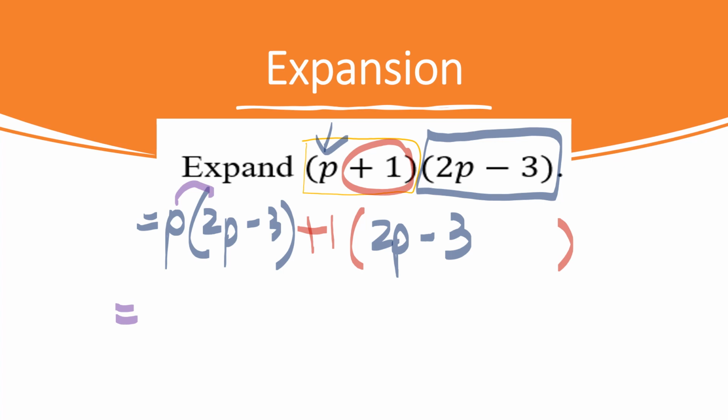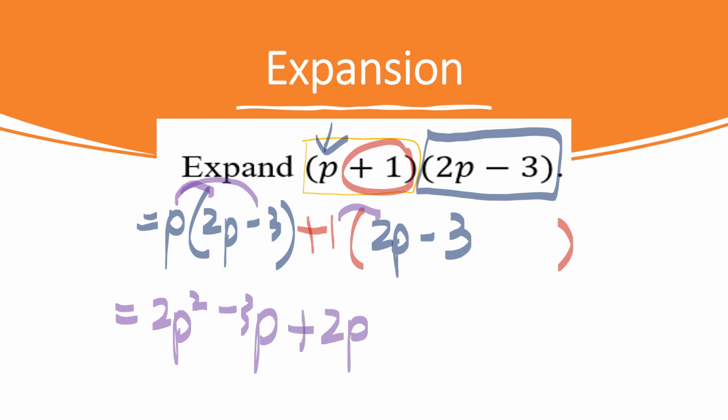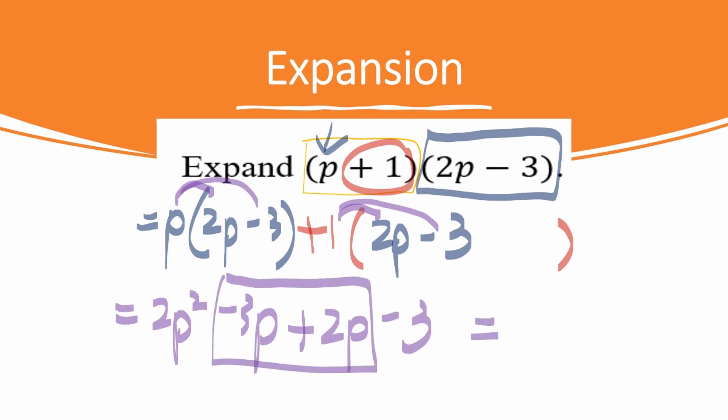So p times 2p, 2p squared. p times negative 3, negative 3p. 1 times 2p, 2p. 1 times negative 3, negative 3. You see this is the same family: I got p, you also got p. So we can simplify that. Negative 3 plus 2 will give you negative 1, so it's negative p only. This is how you do expansion.